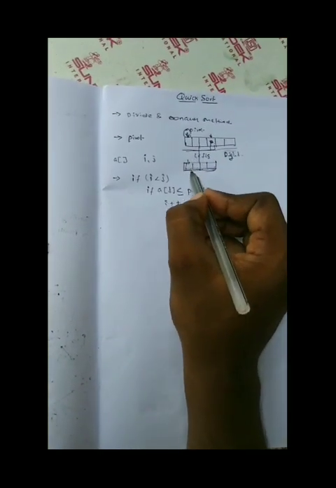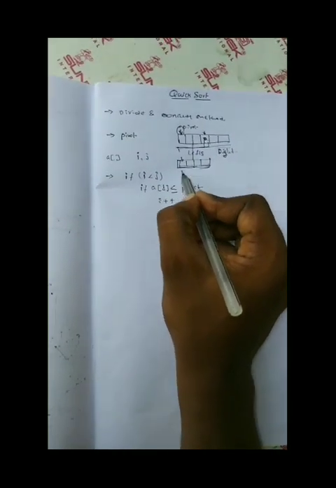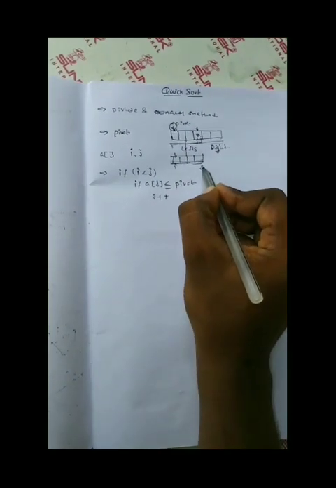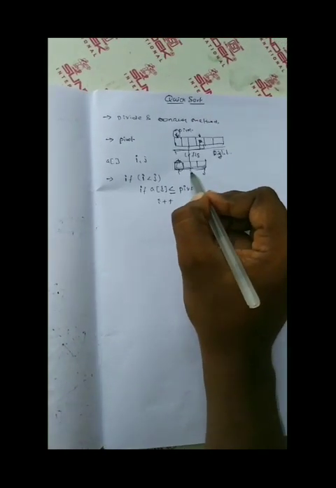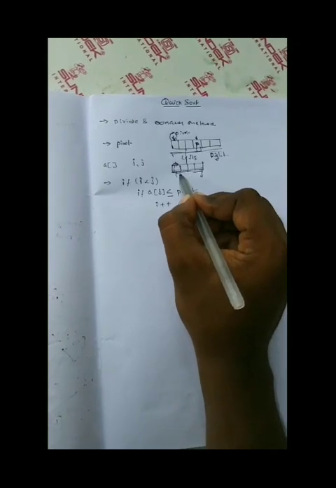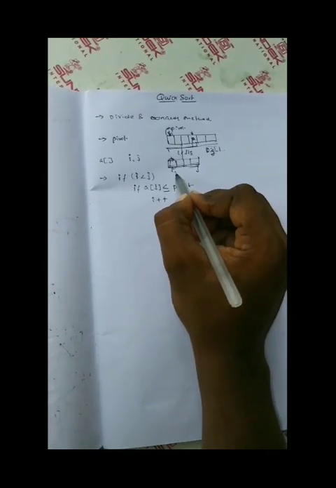So when i is presented here and the element is less than the pivot, okay, those are on the left side of the pivot element.